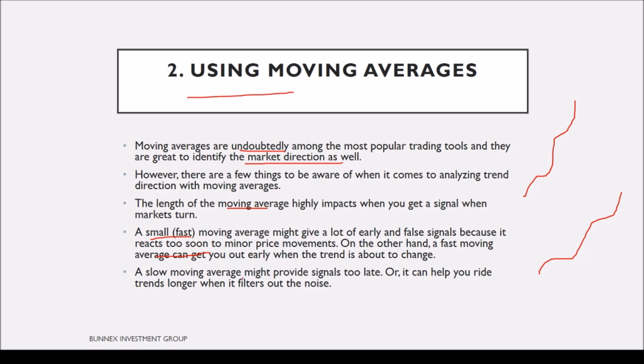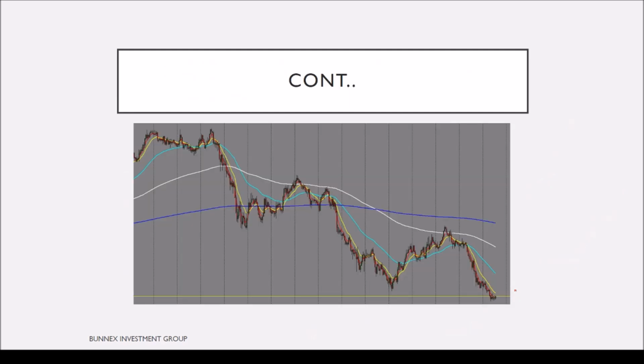A slow moving average might provide signals too late, or it can help you ride the trends longer when it filters out all the noise. This basically means a 13 EMA can show you that we are going up, but the trend might not be as long as one that can be caught with a 200 EMA.